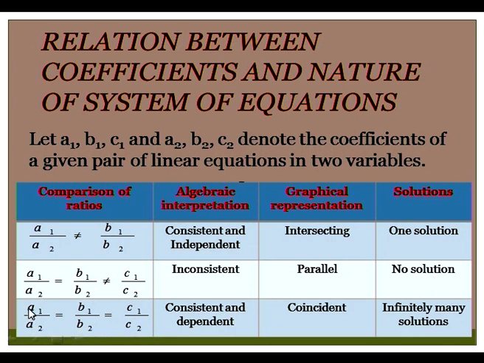And when a1 by a2 is equal to b1 by b2, which is also equal to c1 by c2, then the pair is said to be consistent and dependent. We call the lines as consistent and dependent lines. So, when we observe on the graph, we get to know they are coincident. Then we find infinitely many solutions, because we find many points common to both the lines.